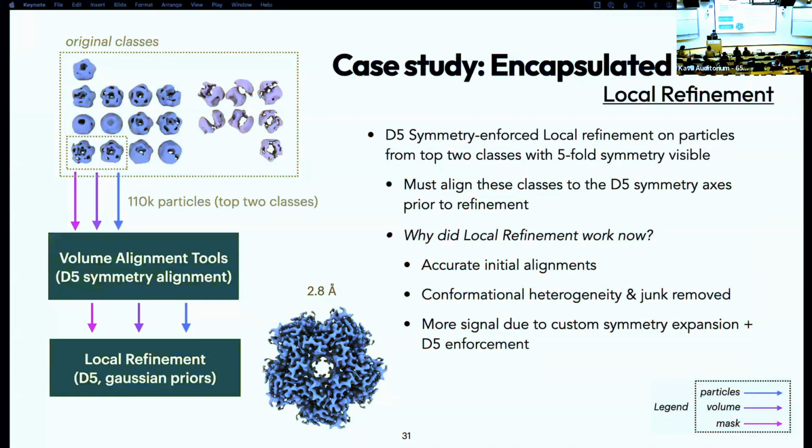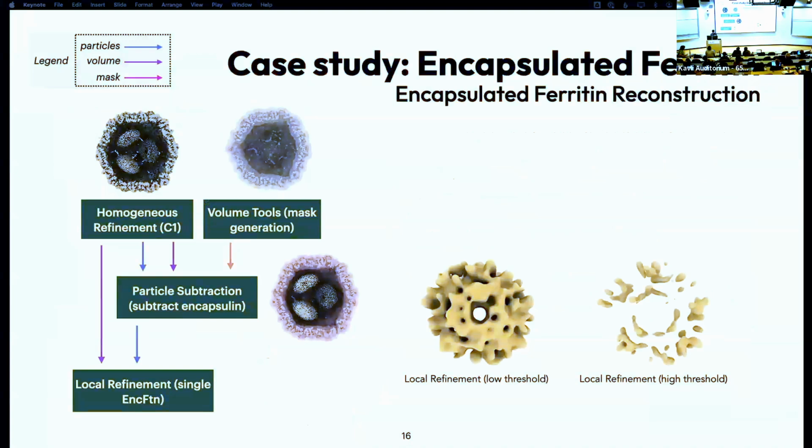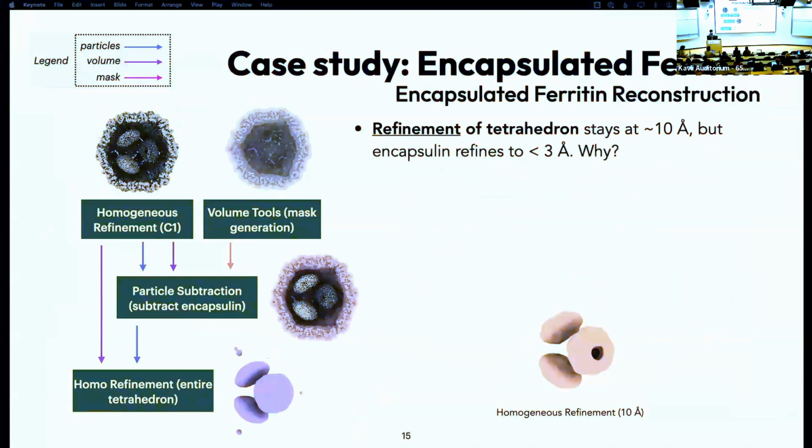Earlier in the workflow, we were trying local refinement on really this salmon colored volume here, and we were back at 10 angstroms. Here, it's debatable whether you can even see the five-fold symmetry or not. And certainly the poses are quite coarse, right?